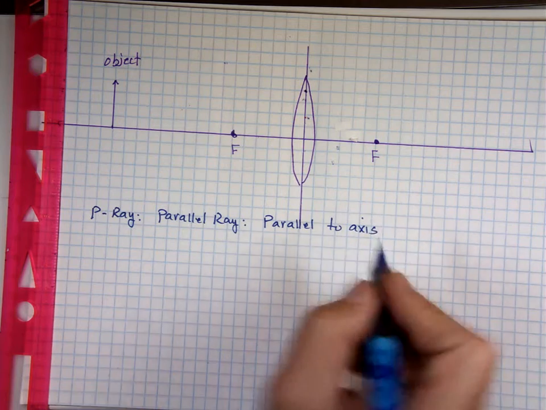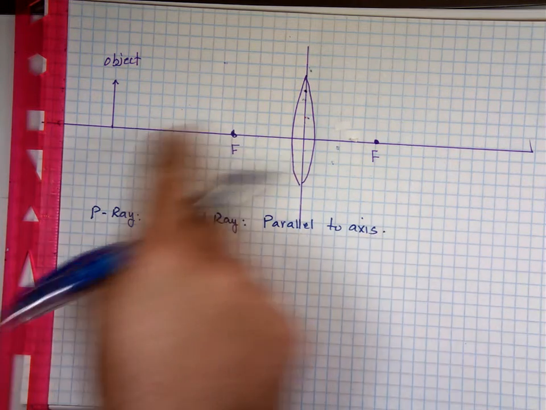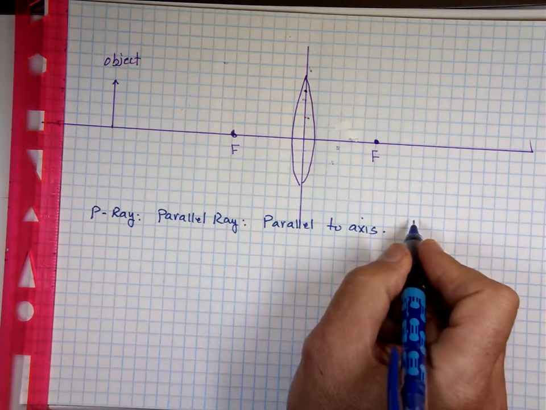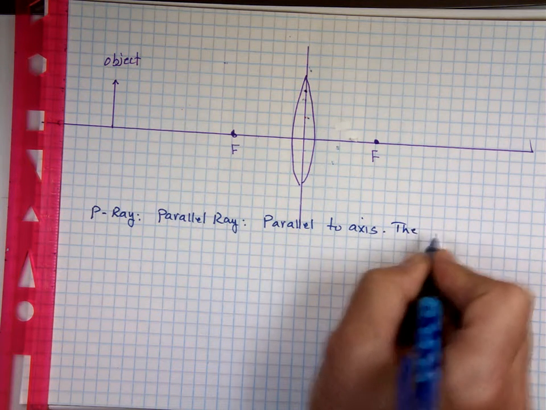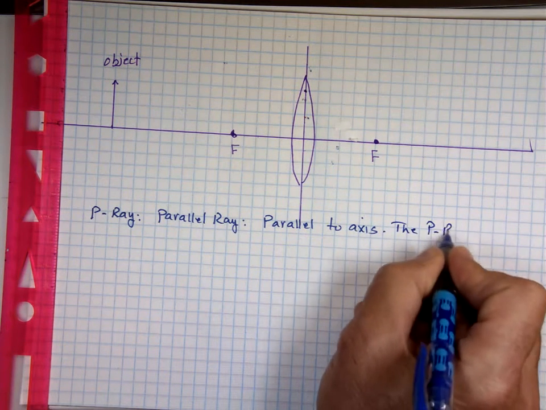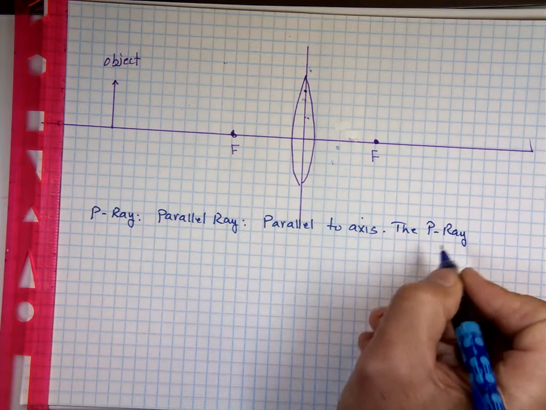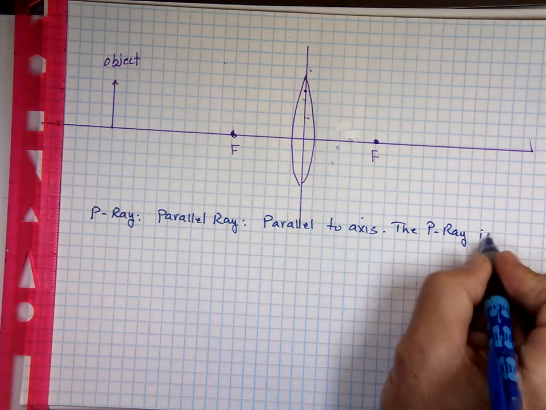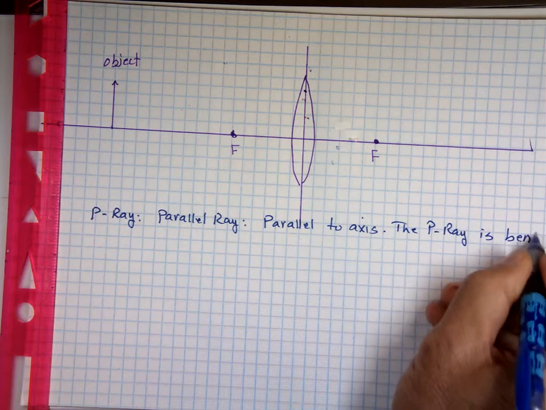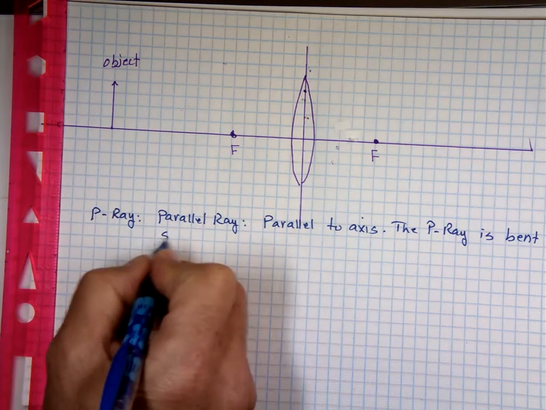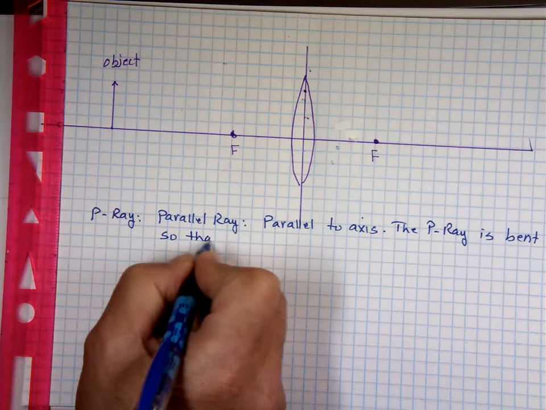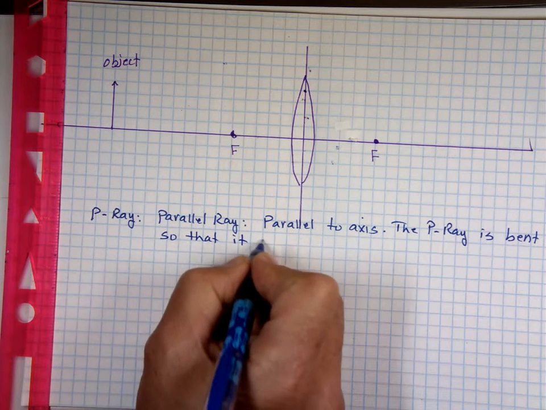Then what happens? Once it goes, this actually does go through the lens. The P ray is going to get bent so that it passes through the focal point.